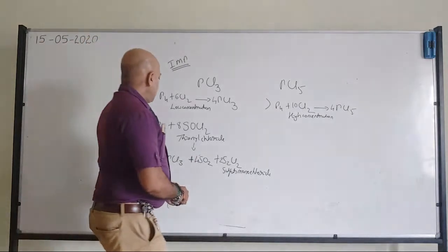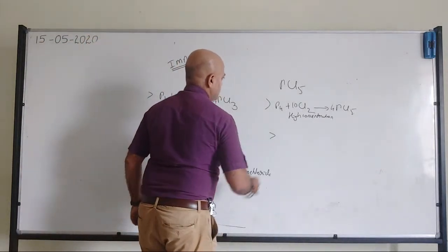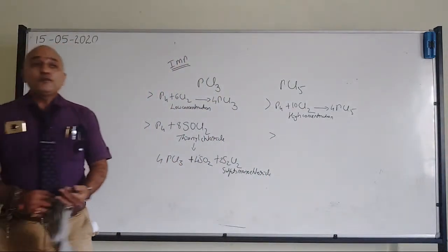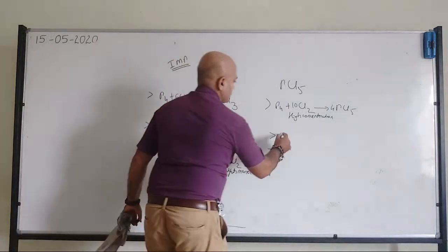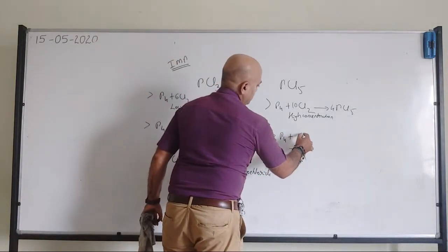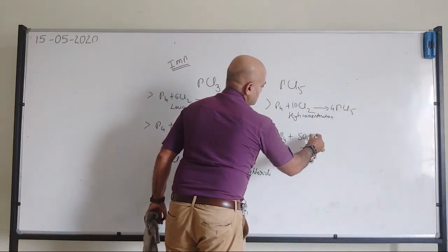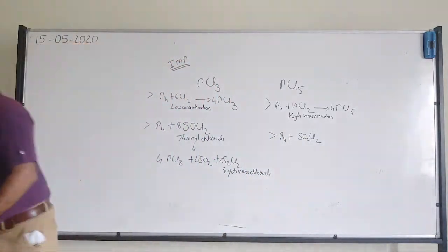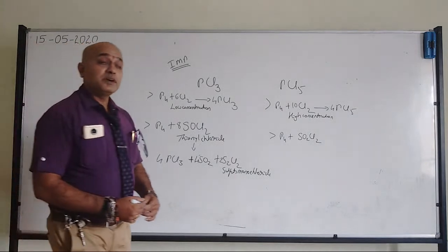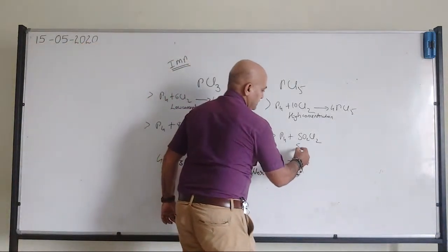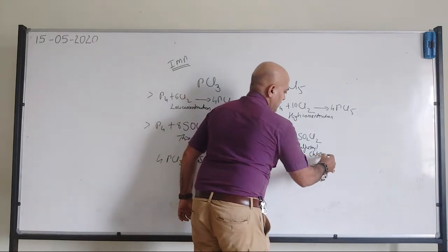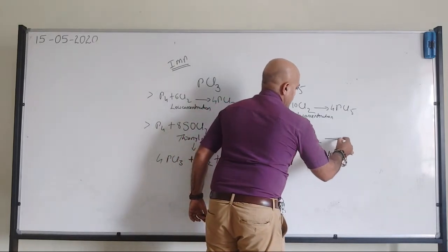Now, when it comes to the other side, white phosphorus, when treated with SO2Cl2, that is nothing but sulfuryl chloride.